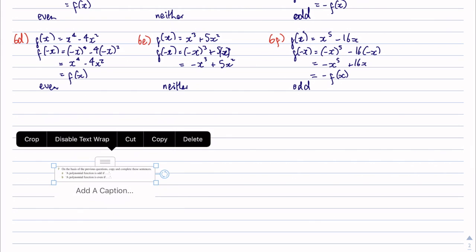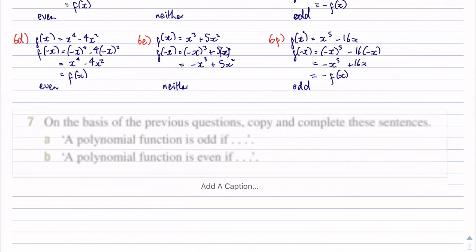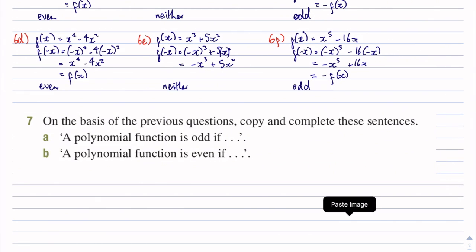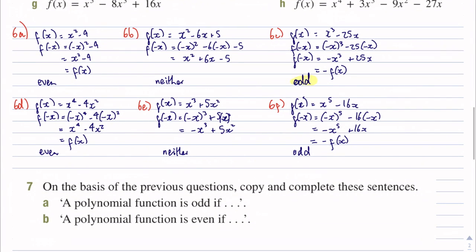And that was, with all the odd functions, so let's have a look at this odd function. The powers in the polynomial, and don't forget we have a little 1 hiding here. The powers in the polynomial were all odd.